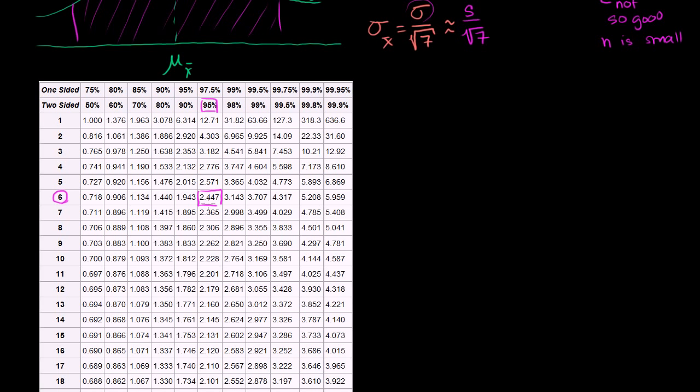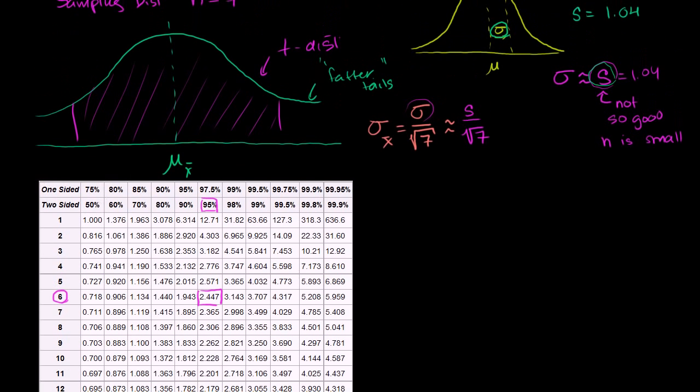And this t-table assumes that you are approximating that standard deviation using your sample standard deviation. So you have to go 2.447 of these approximated standard deviations. This distance right here is 2.447 times this approximated standard deviation.